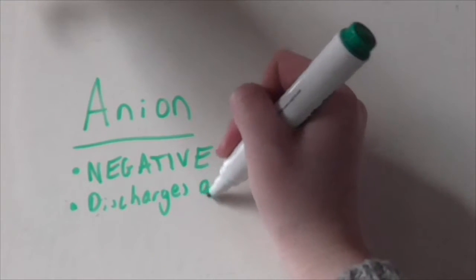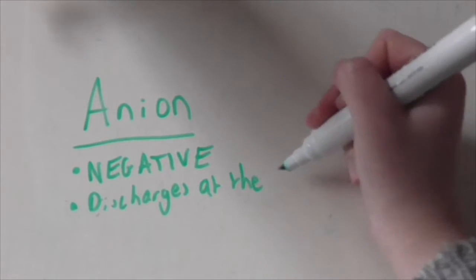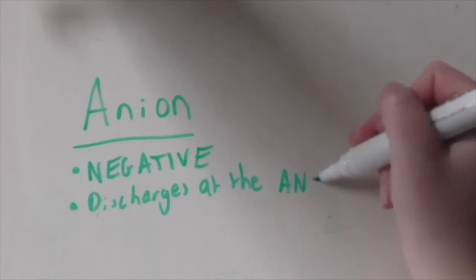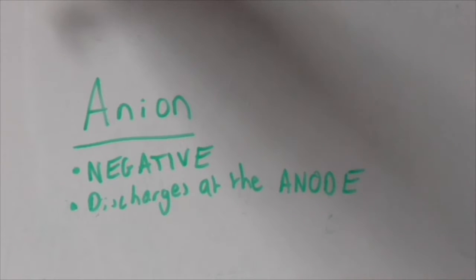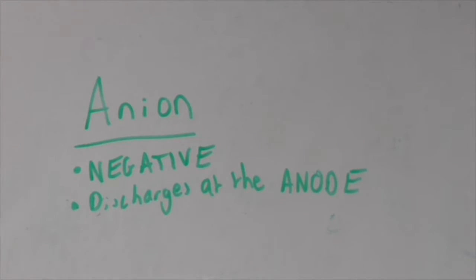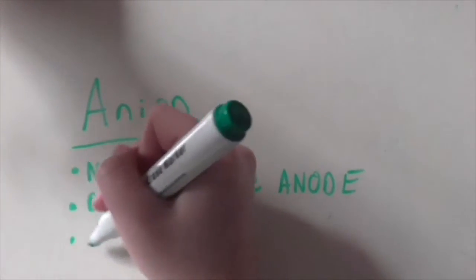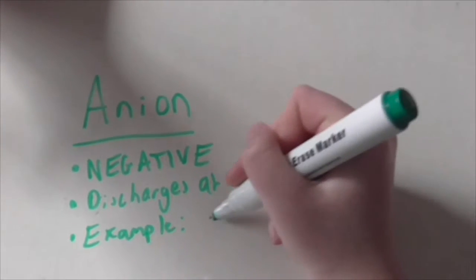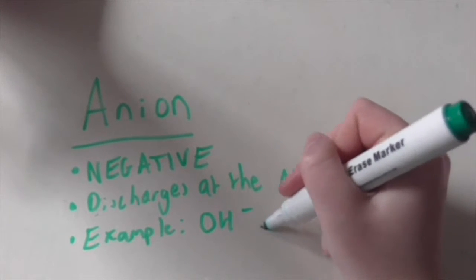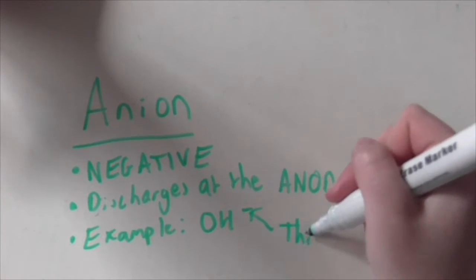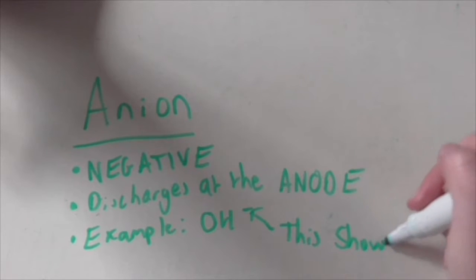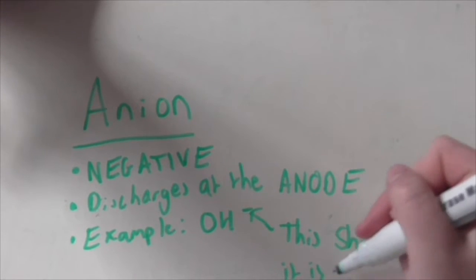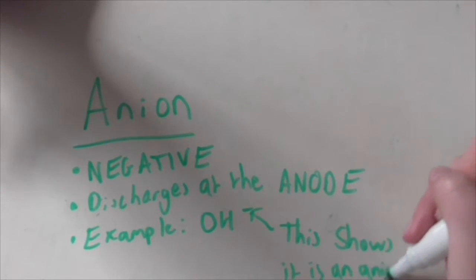This means that, like me, you only actually have to remember one charge of an electrode, because then if you know that the cathode, for example, is negative, you will know that the anode is positive, so you will then know that the anion is negative, as long as you remember that the charges on the ions and the electrodes are opposite. An example of an anion is the hydroxide ion, and you can tell this because it has a little negative next to it. And this shows that it has a negative charge, so thusly is an anion.